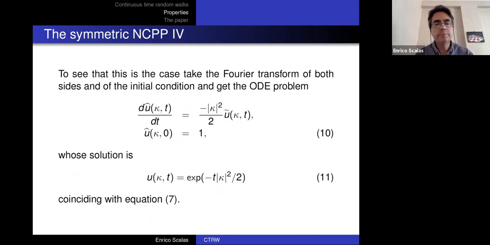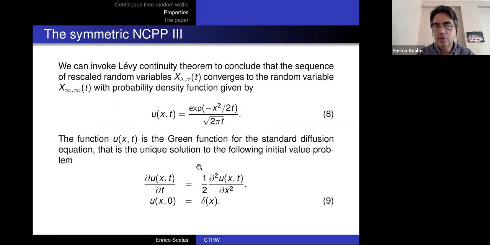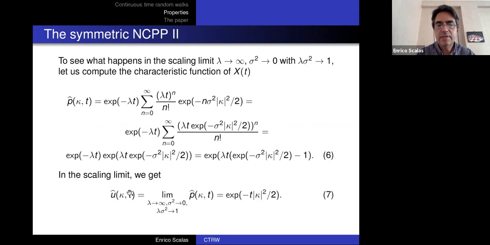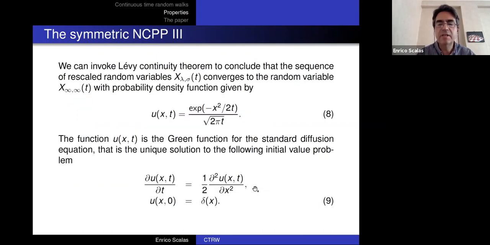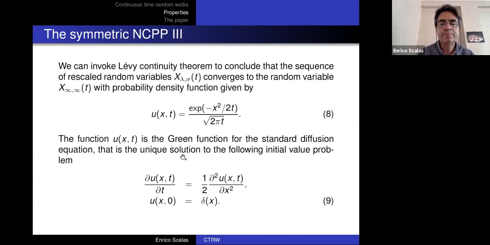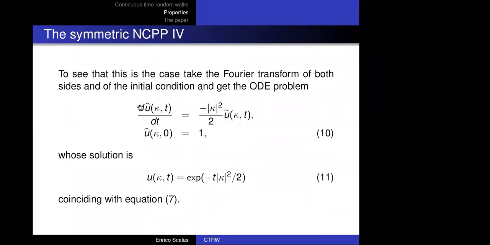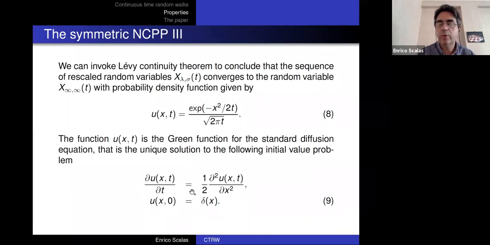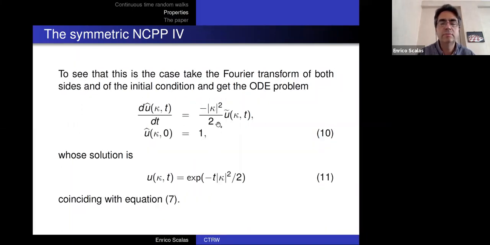And now, let's show that this characteristic function here is really the solution of this problem. Well, it is because if you take the Fourier transform of this equation, you get from a partial differential equation to an ordinary differential equation of relaxation type.